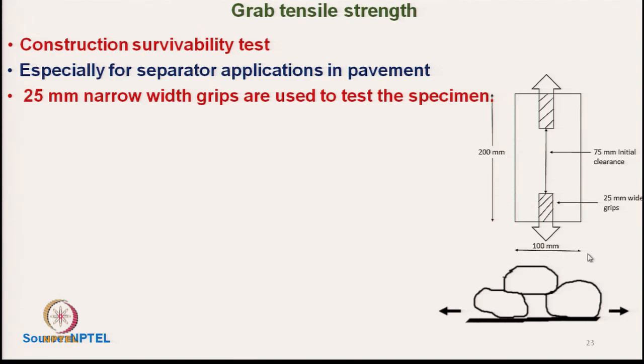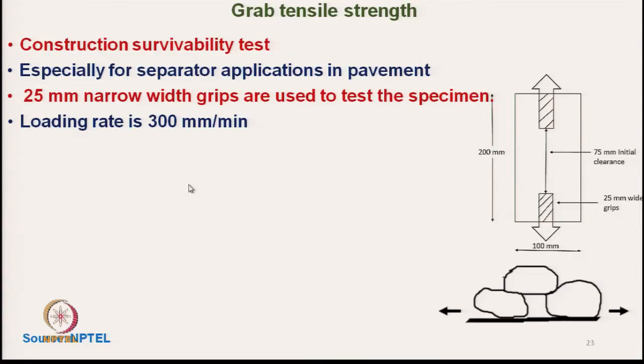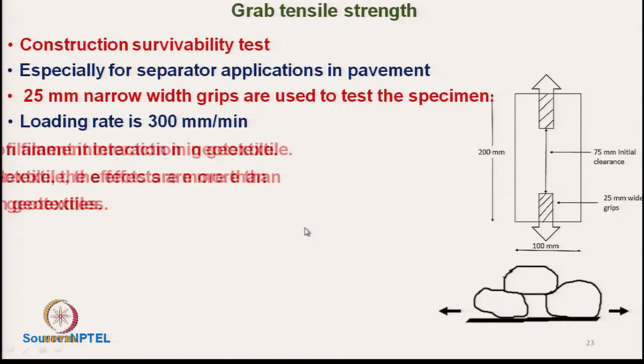So, 100 millimeter width specimen is gripped by 25 millimeter wide jaw, and the rate of loading is that the strain rate is 300 millimeter per minute.